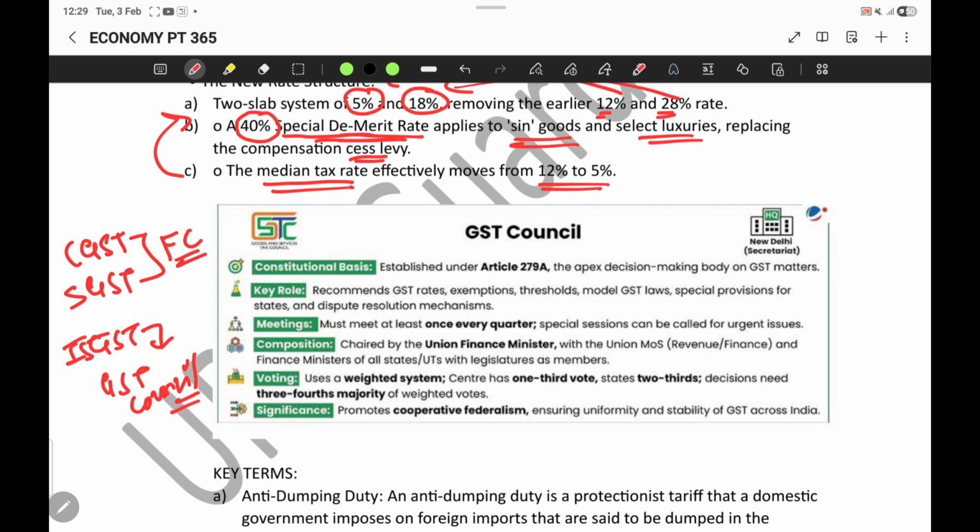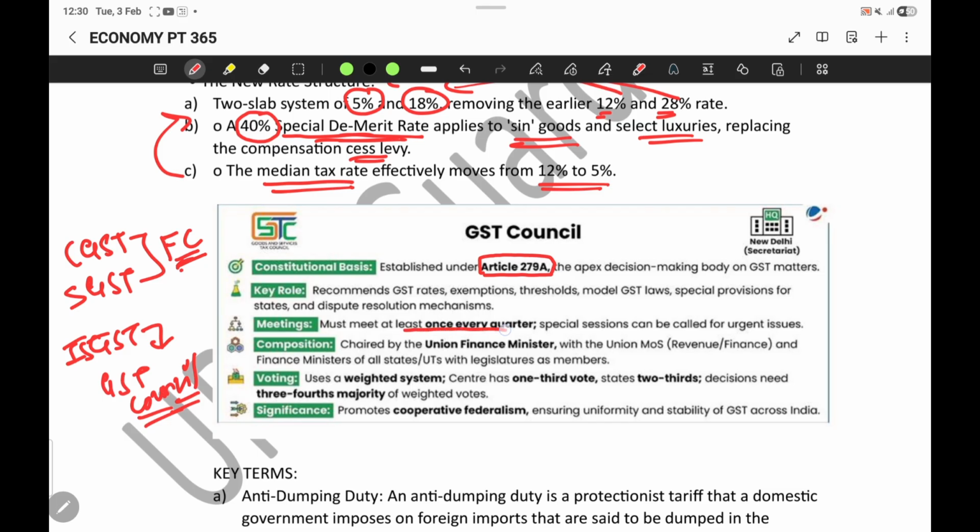Most of them do not have knowledge of this. Interstate GSTs are on the basis of the GST Council. The GST Council's article number is Article 279A. It recommends model GST laws. These are things they will not ask.